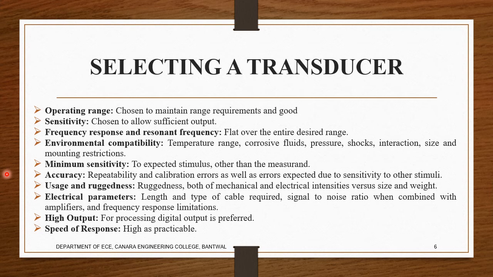Depending on the system, the size has to be decided, and it has to be properly serviced and maintained. The usage has to be known properly: where is the input, where is the output, how much input has to be given, and how much output is expected.